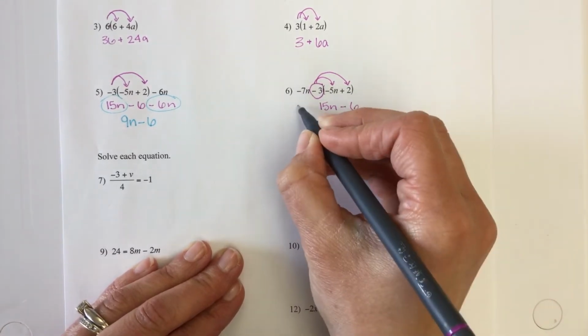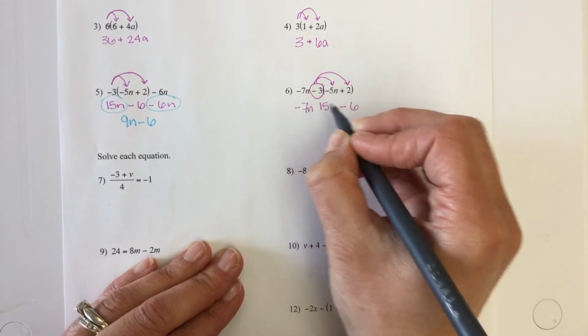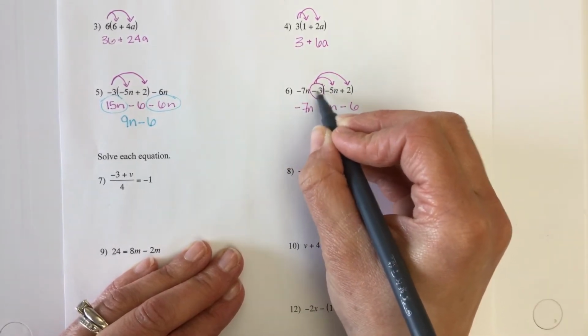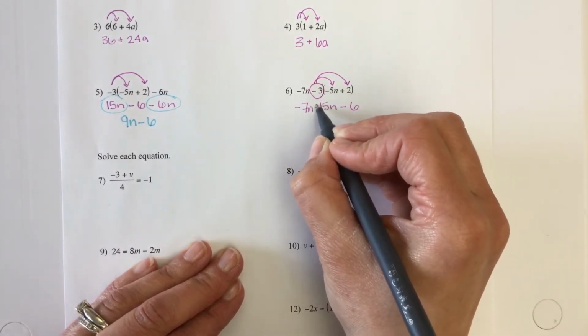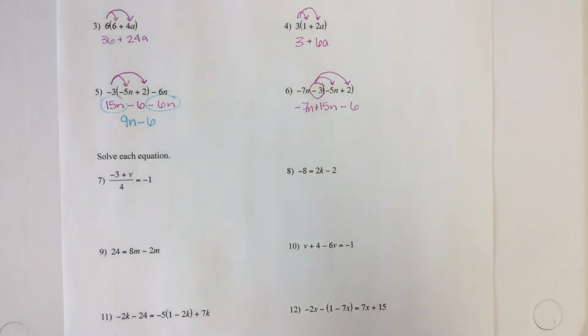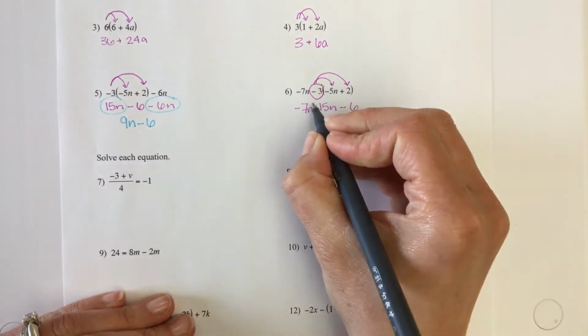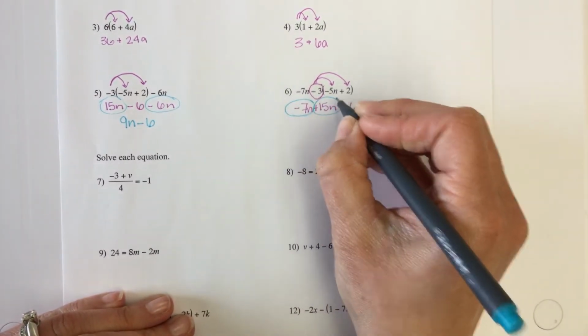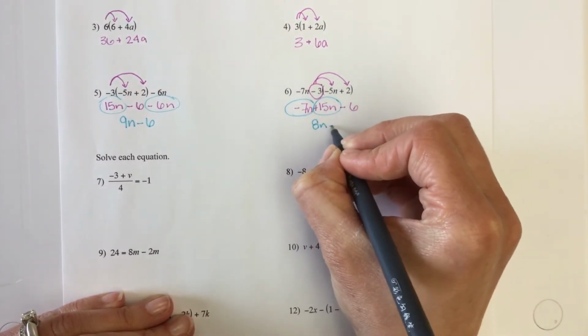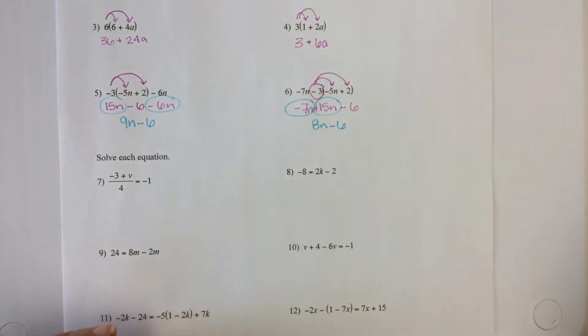Now I'm going to drop down this -7n. Because this is a +15 with a negative times a negative, I'm going to write a plus there. -7 plus 15, you can combine these two terms, gives us an 8n minus 6 for our final answer.